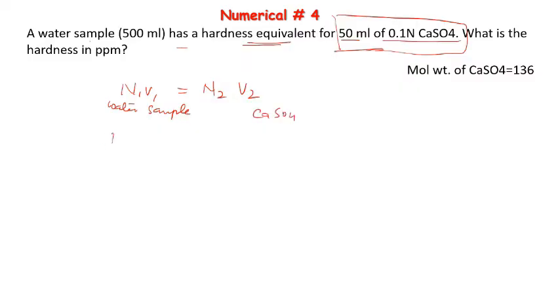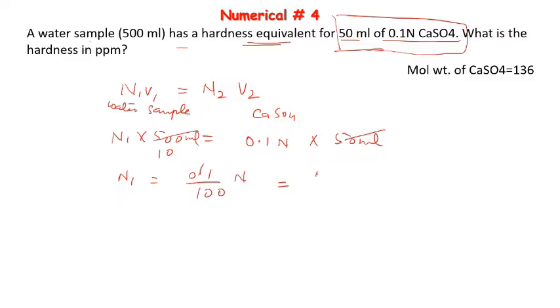So the water sample normality is unknown, multiplied by 500 volume, which is given over here, is equal to 0.1 normal calcium sulfate into 50 ml of calcium sulfate. So here we cancel this out, and we will get N1 equal to 0.1 upon 10, or we will have N by 100 solution for this water sample.